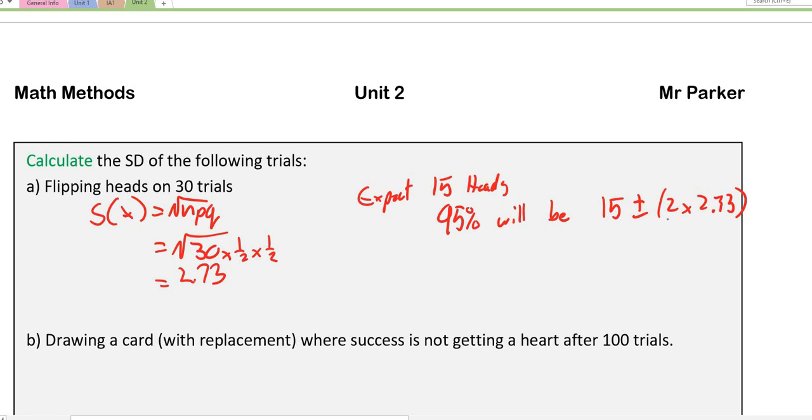So 95% of the time, I'll get between 10 and 20 heads. It's going to be very rare that I get above 20 or below 10. The number of heads I get is within 2 times the standard deviation.